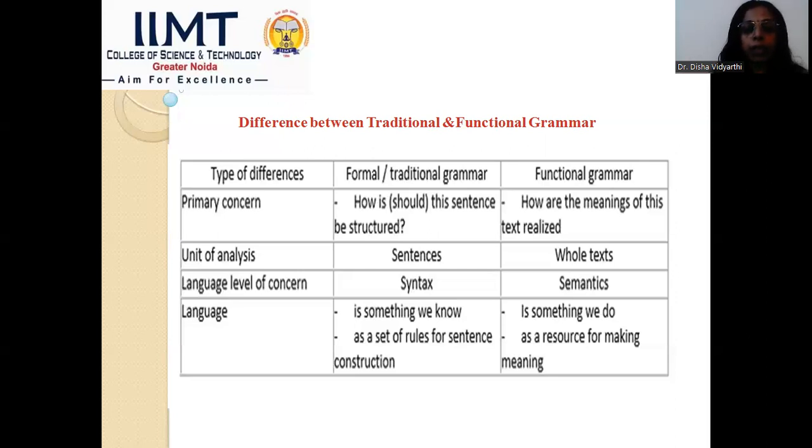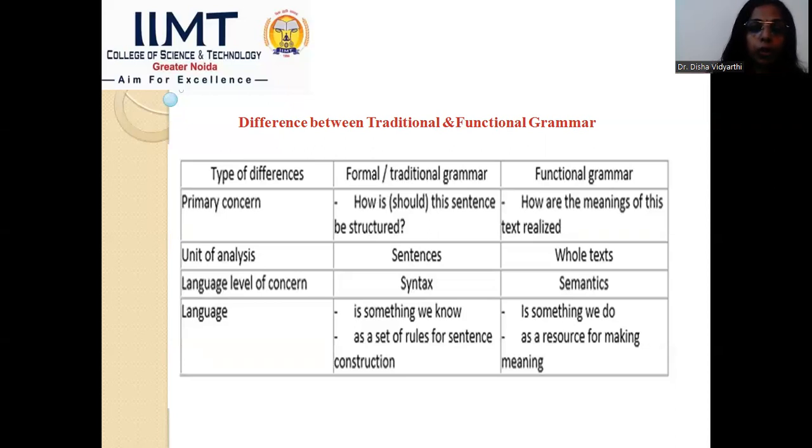Now the fourth criterion: language in traditional grammar is a set of rules for sentence correction. In traditional grammar, the learners of language start learning from the basic elements, alphabets, then forming words, and then putting those words in a sentence following the grammatical rules.